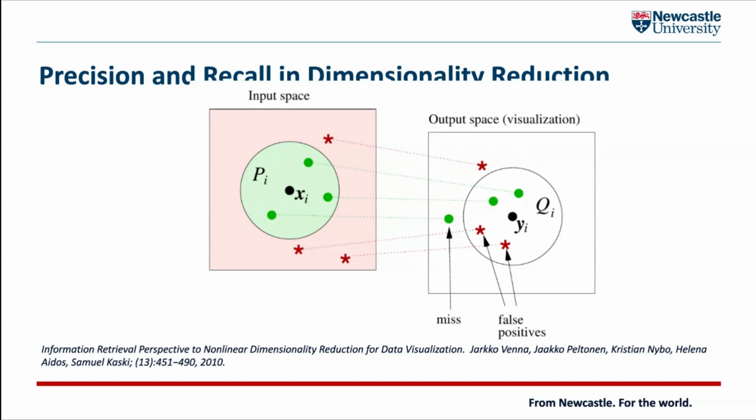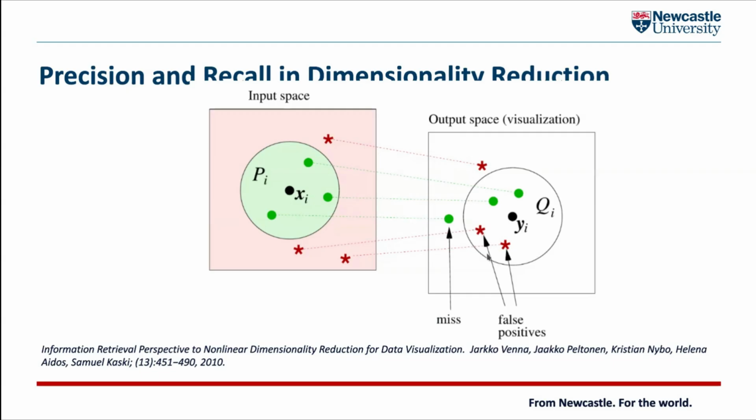If we have a green point that is within the circle of the dimensionality reduced point yi here, then it is a true positive. If the green point is outside the circle, then it is a false negative.